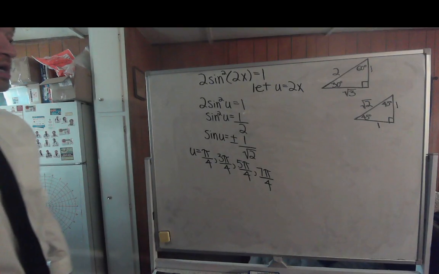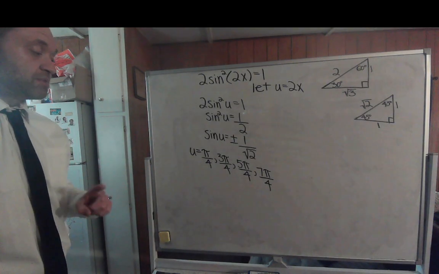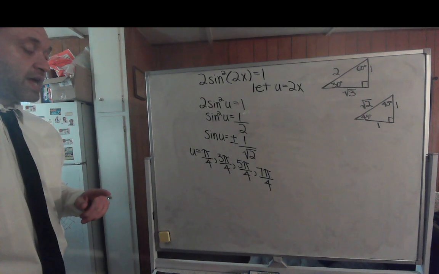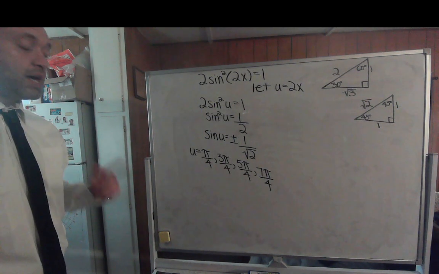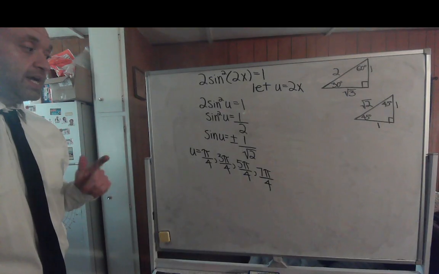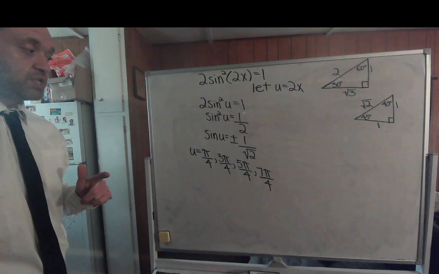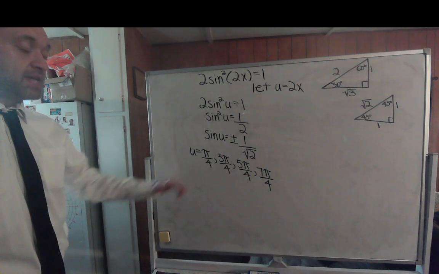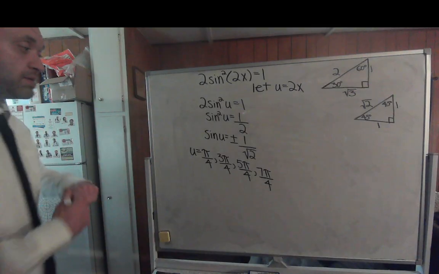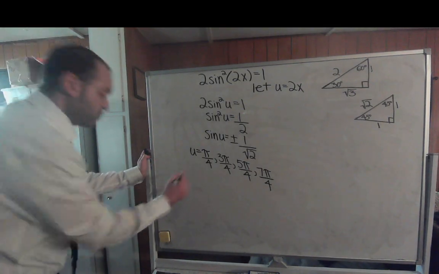Now, remember how we talked about in general that pi over 4 is the only angle you can actually add pi over 2 to and get the very next one. That's the only time it actually works.